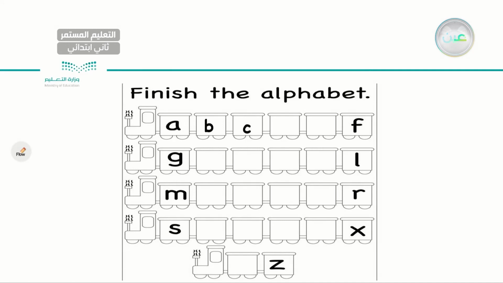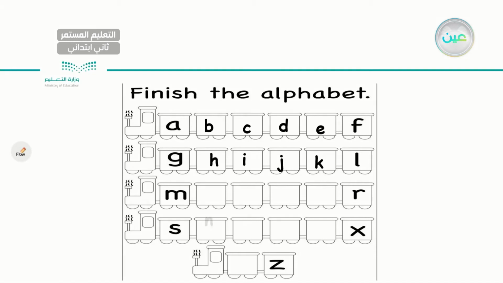C. Very good. Next, D. Next, E. F. Very good. So let's read A, B, C, D, E, F. Next, G, H, I, J. Very good. K. All of them are in small.